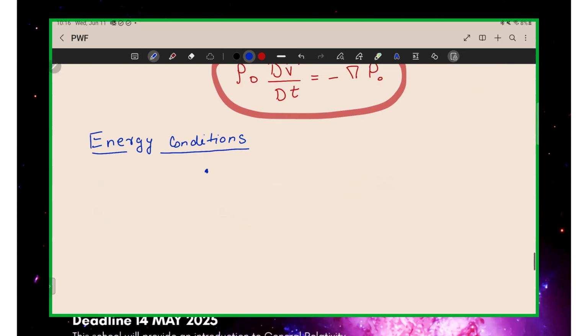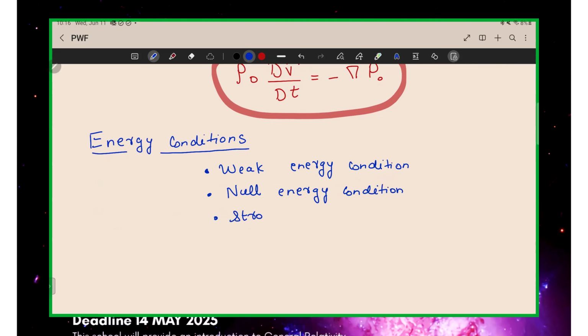So there are certain kinds of energy conditions. One of them is called the weak energy condition. Another is called the null energy condition. And there's another one called the strong energy condition, right?